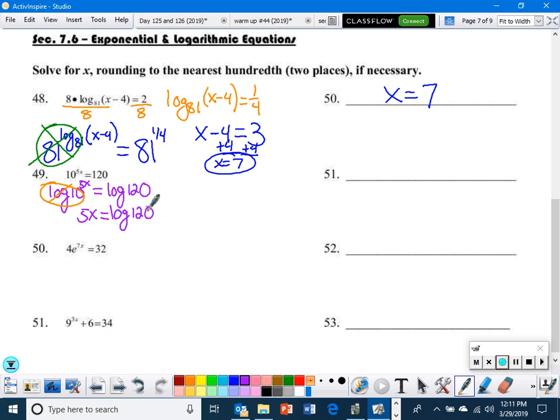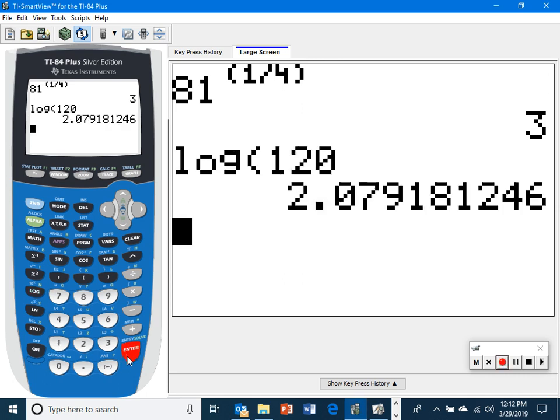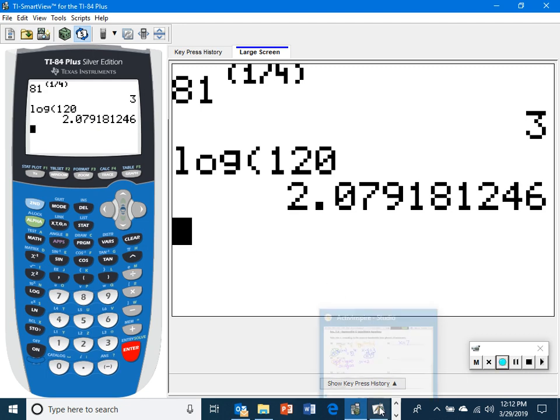Well, we can take the log of 120, okay, because that's a base of 10. So log of 120 is about 2.079. So 5x is approximately 2.079.